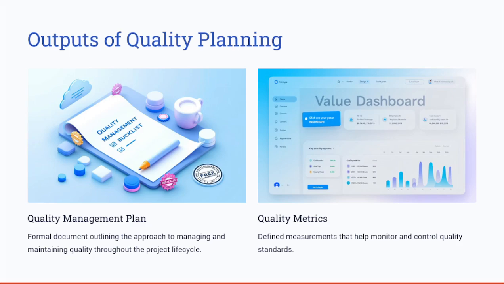The next output here is the quality metrics. These metrics are specific, measurable indicators used to monitor or control the quality. They help track the effectiveness of the quality management processes and ensure that the project meets its quality goals.